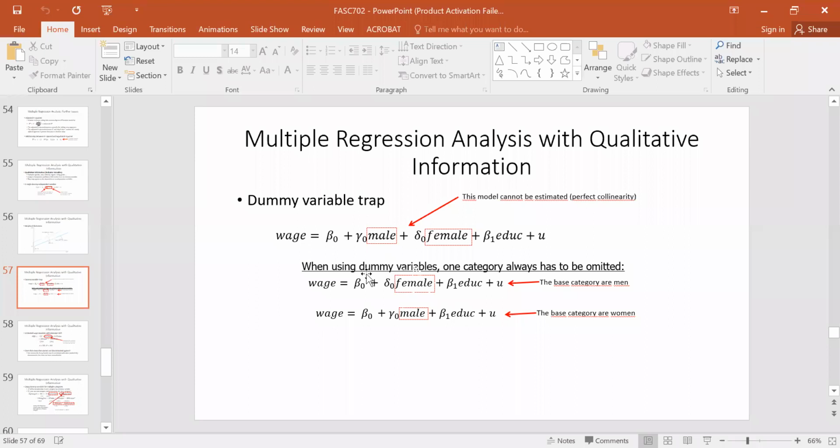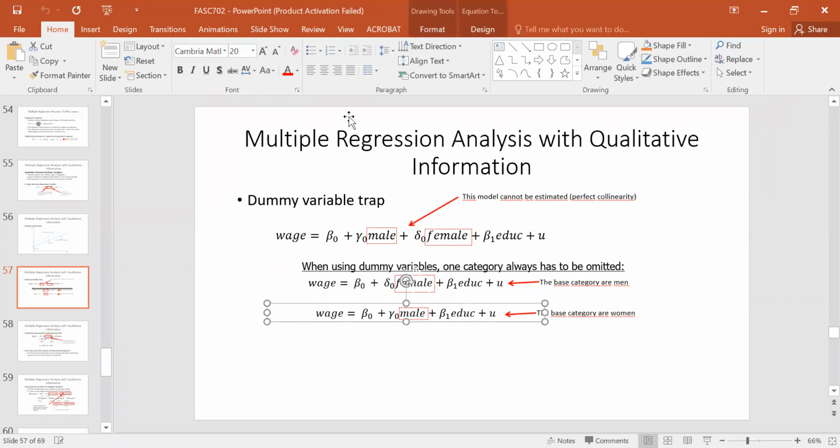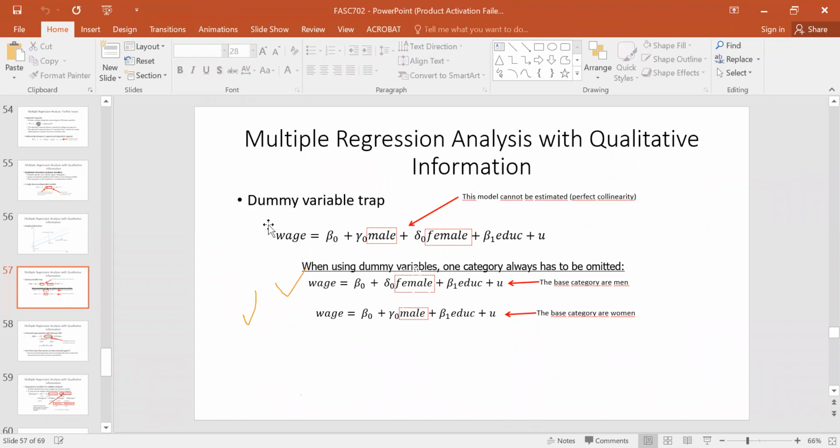So watch here first. You either go with this equation or you go with this one. You cannot put both of them in the model. Both of them cannot be in the same model because they represent the same thing.